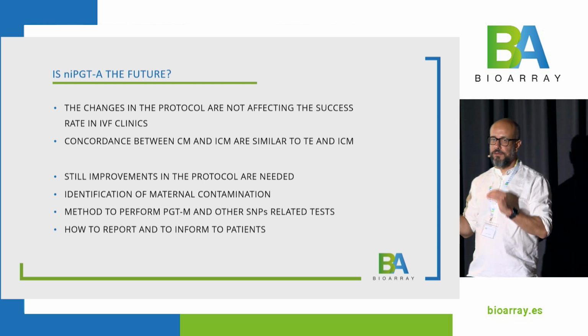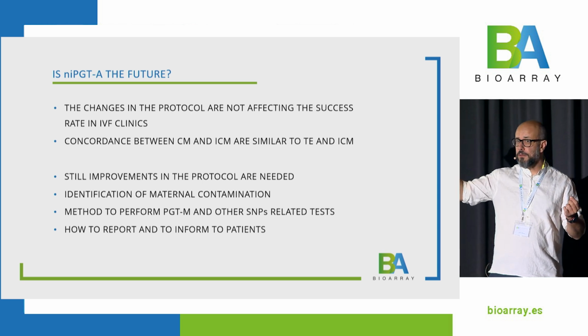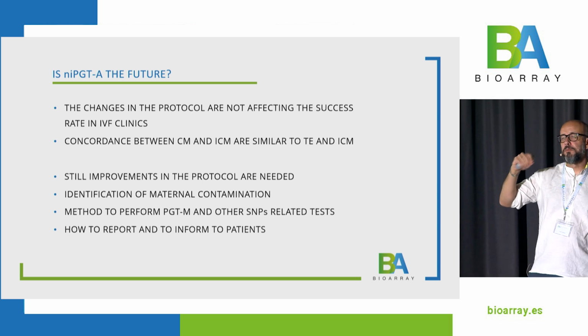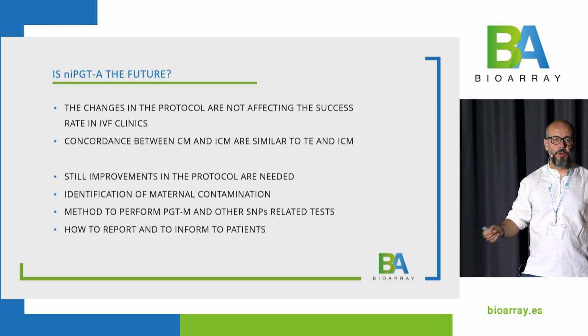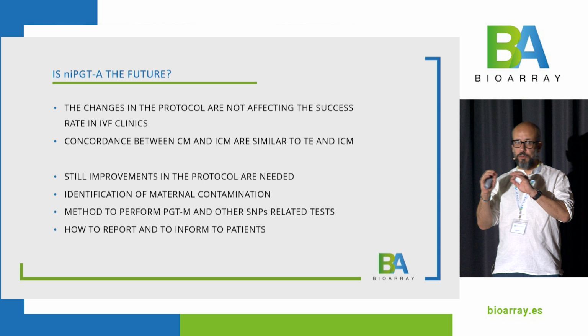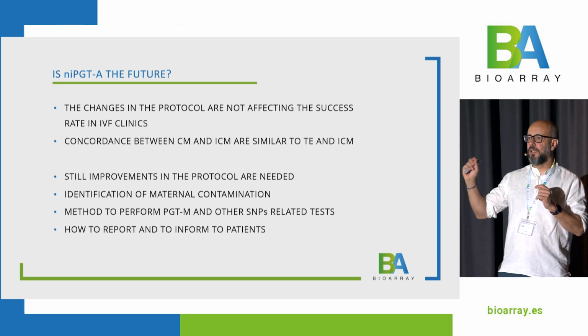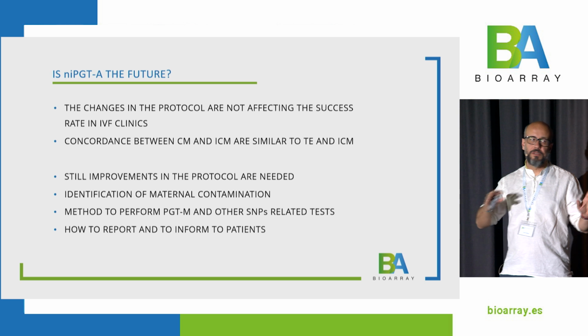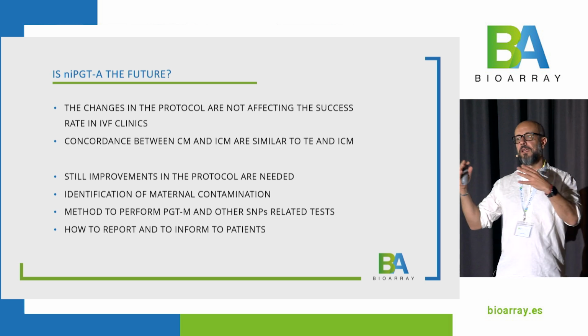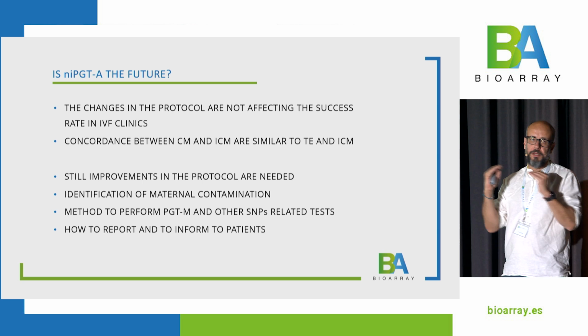When we have the results of non-invasive, we say that this embryo should be transferred first because it is most likely to be euploid, and then embryos with aneuploidies in the culture media are selected as a second try to transfer because the probability of being normal is lower. So we use non-invasive as a prioritization.